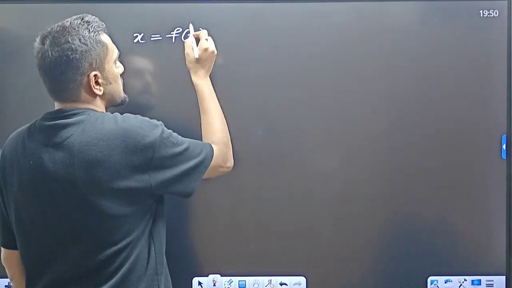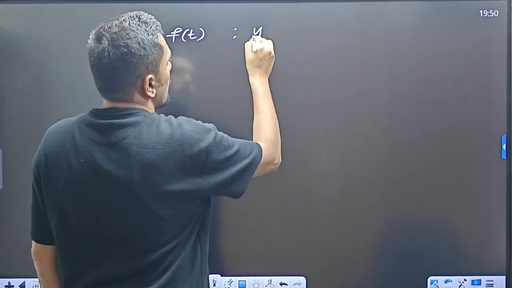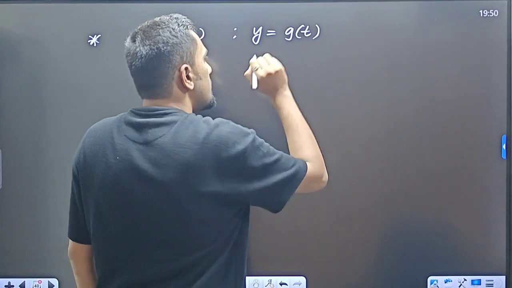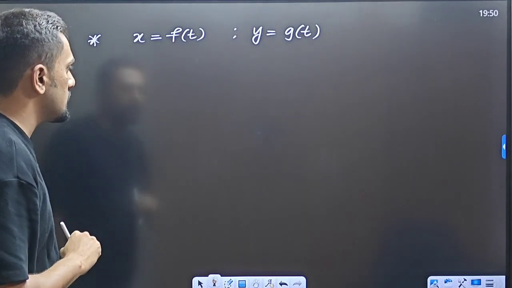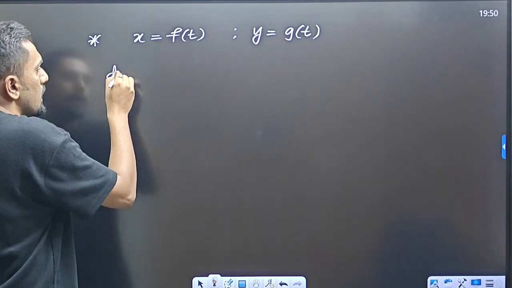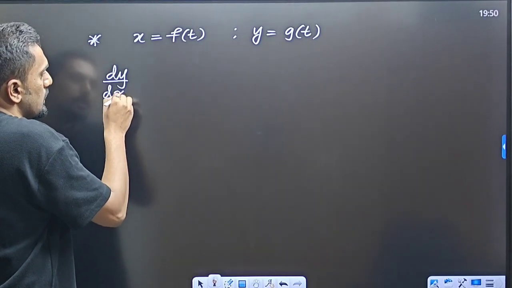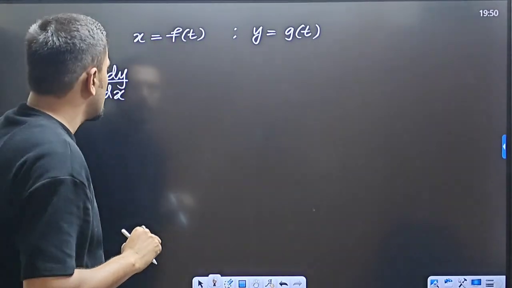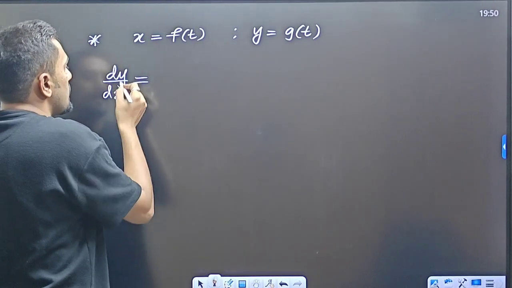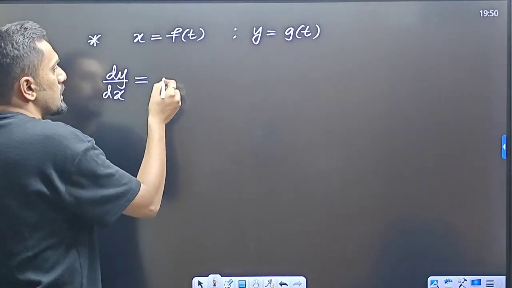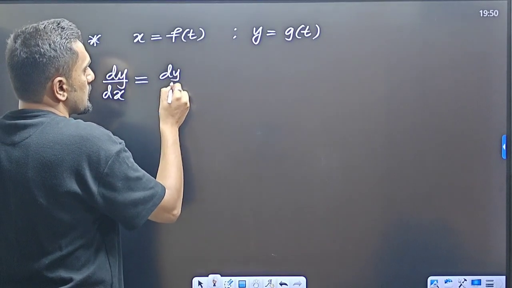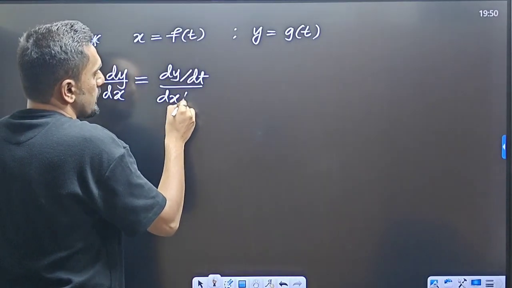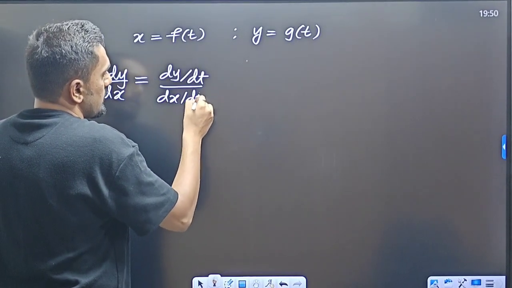Okay, x is a function of t and y is also a function of t. Then if I need to find dy by dx, or the derivative of y with respect to x, what I will do is divide both numerator and denominator by dt. Then this becomes dy by dt divided by dx by dt.